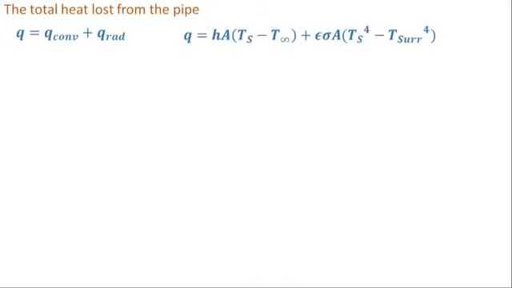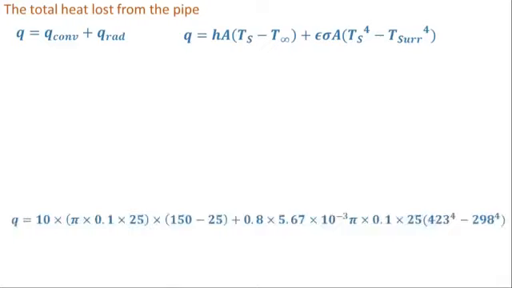Convective heat loss will be given as hA(Ts minus T infinity), and radiative heat transfer will be epsilon sigma A (Ts power 4 minus T surrounding power 4). h is the convective heat transfer coefficient, A is the area perpendicular to the direction of heat transfer, Ts is the surface temperature of the pipe, T infinity is the air temperature, sigma is the Boltzmann constant, epsilon is the emissivity of the pipe material, and T surrounding is the temperature of surroundings.